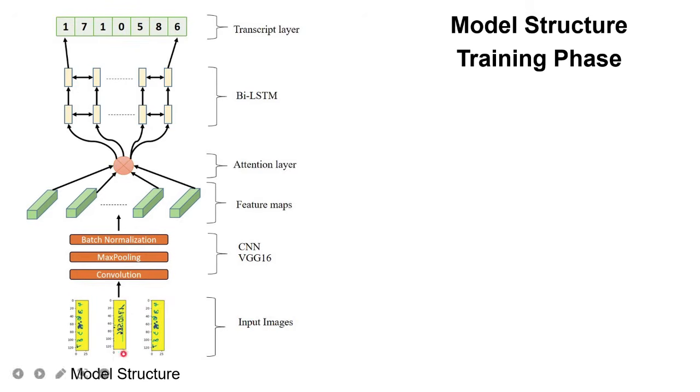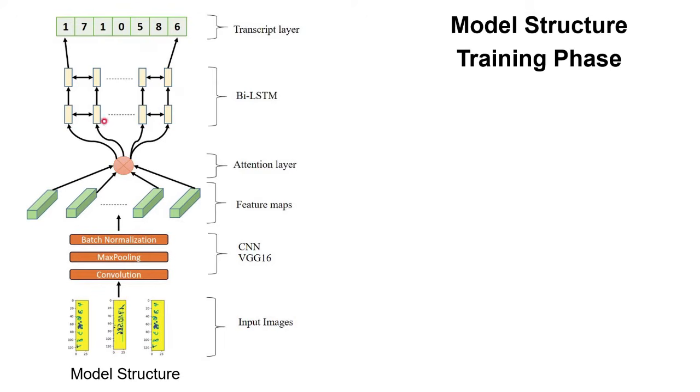The input image is standardized, normalized, transposed, and padded to a fixed size of 128 by 32 pixels to feed into the CNN of VGG16. We have convolutional, max pooling, and batch normalization layers, and then they feed into an attention layer. Attention layer is like an upgrade of LSTM to increase the recognition performance.